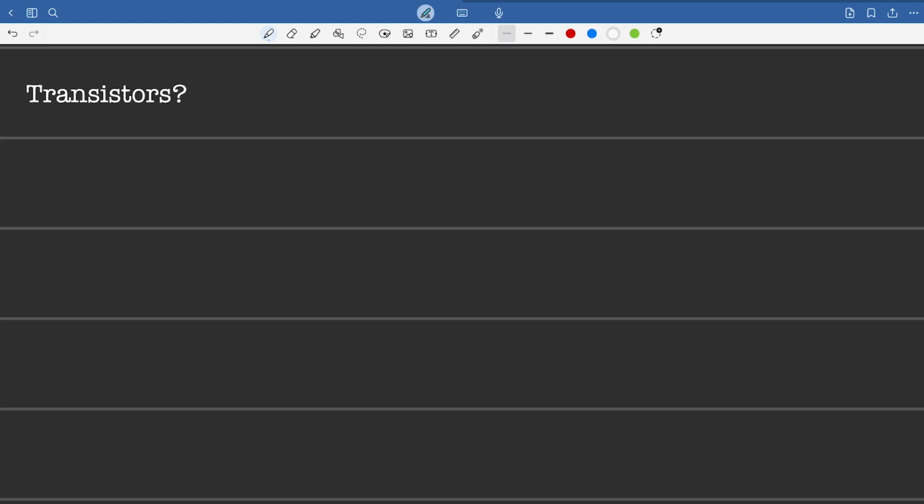So let's first draw how an NPN will look like when it comes to the general structure. It's something like this. Over here, we're going to just draw this. Okay, let me just make it better. Okay, this is how you draw an NPN. So for an NPN, the emitter is going to be facing this way.